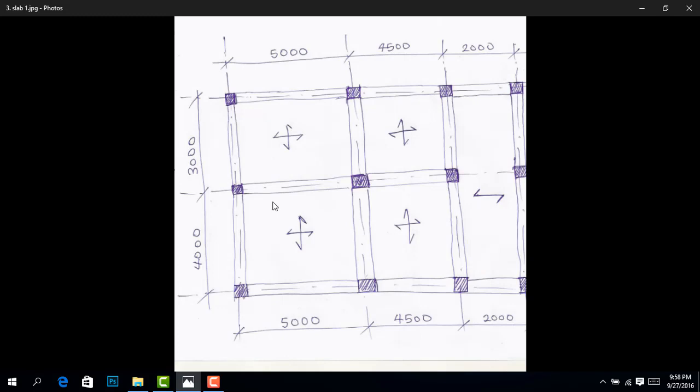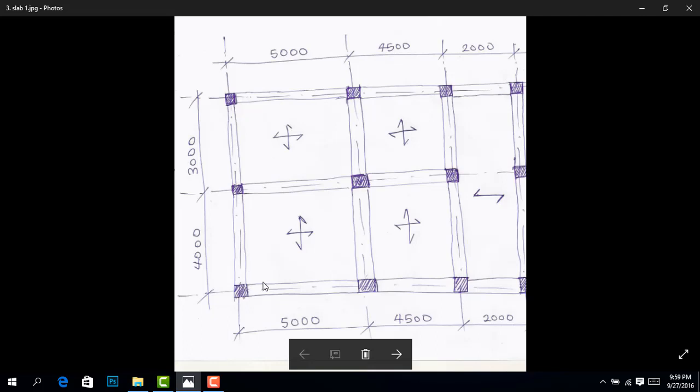Now, if you've determined that, the next thing you need to do is size your slab. I will tell you how. A quick way I normally use: in a slab, you use the short span to size your slab.